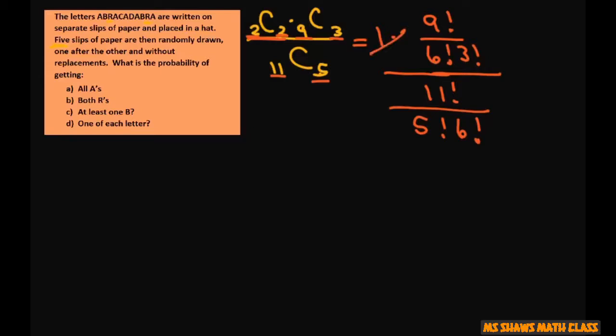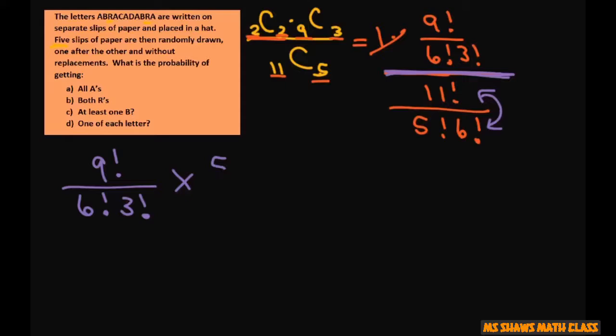Okay, we can multiply these 2 together. Let's just write it like this. 9 factorial divided by 6 factorial times 3 factorial, and you're dividing this. So let's multiply it and flip these 2 around. So this is going to be 5 factorial, 6 factorial divided by 11 factorial. So in this case, the 6 factorials cancel, and then you work all this out.